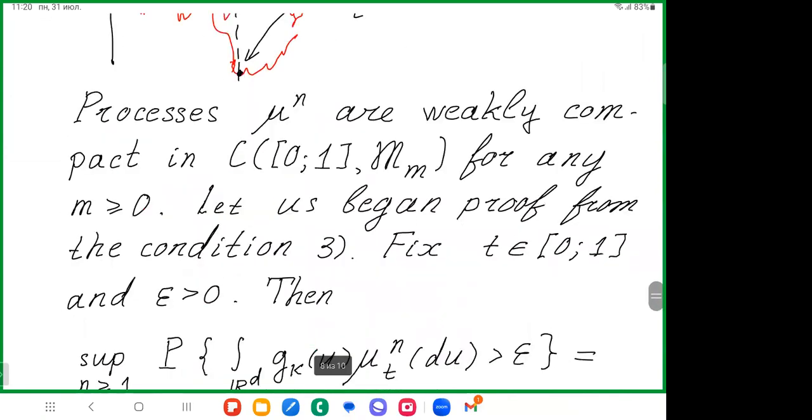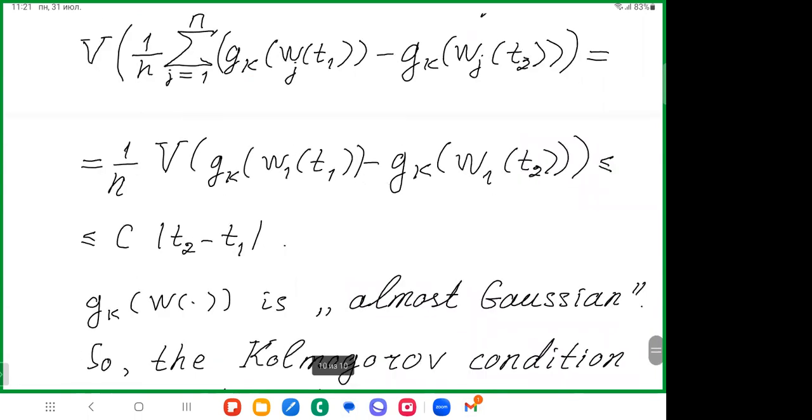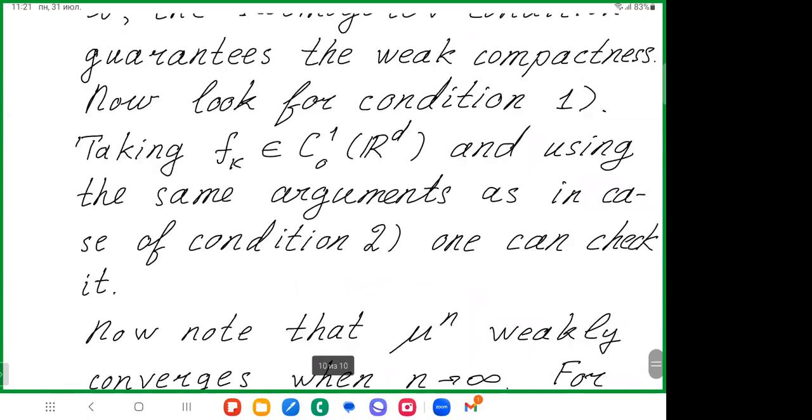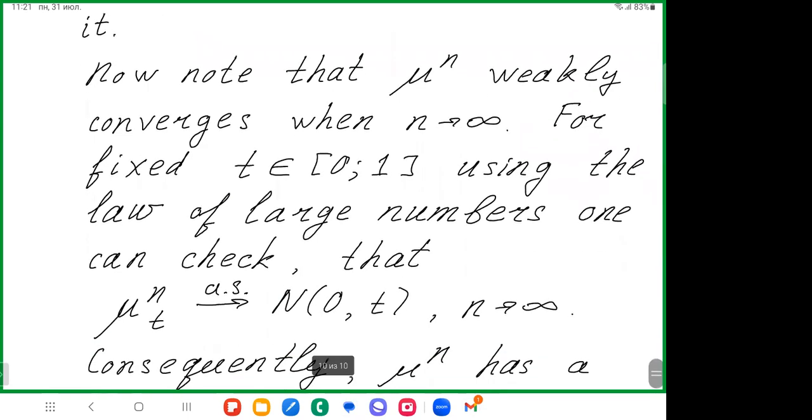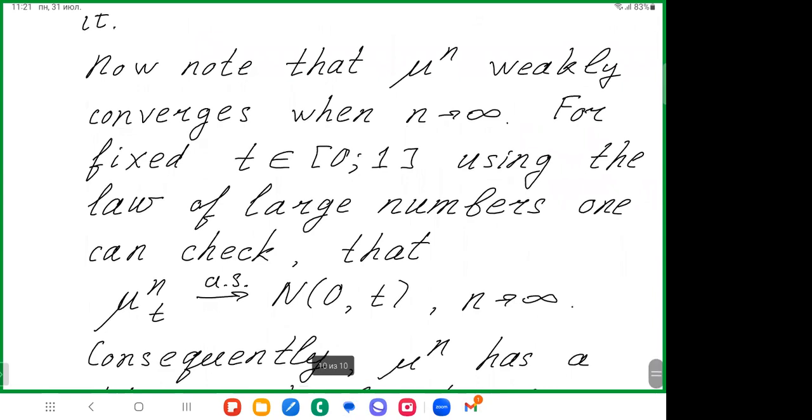Here is our proof. Now note for fixed T, just use the law of large numbers. One can check that mu Tn converges almost surely, with respect to the Wasserstein distance of any order, by the way, to the normal distribution with parameters 0 and t.